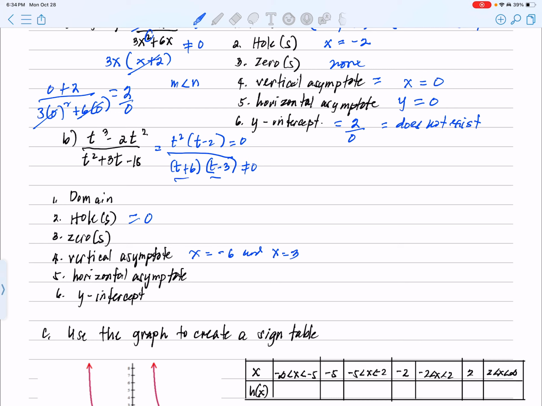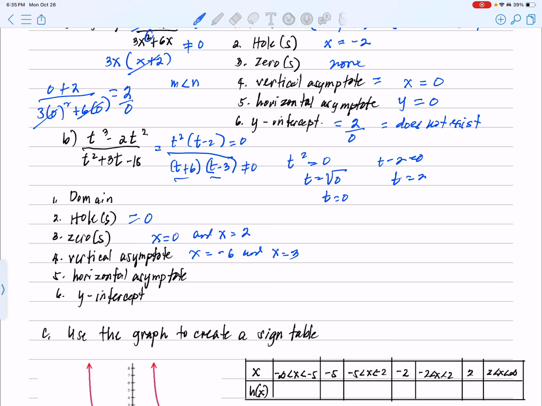For zeros, t squared equals 0, so t is 0, and t minus 2 equals 0, so t is 2. That means your zeros are x equals 0 and x equals 2. What else do we need?